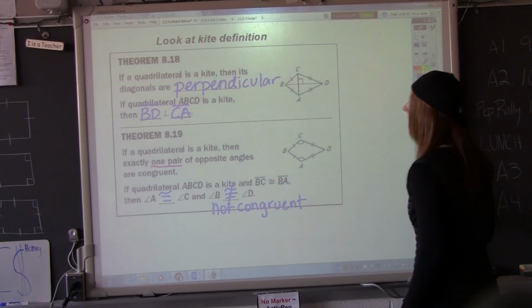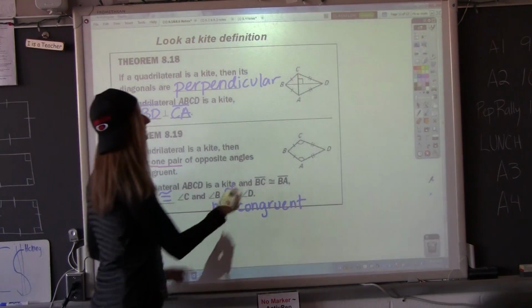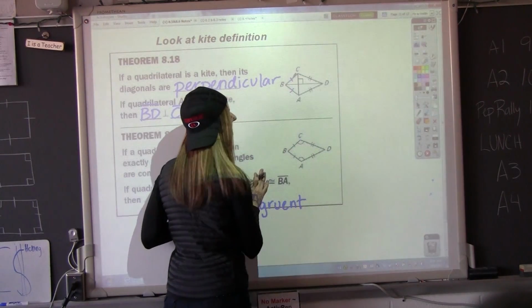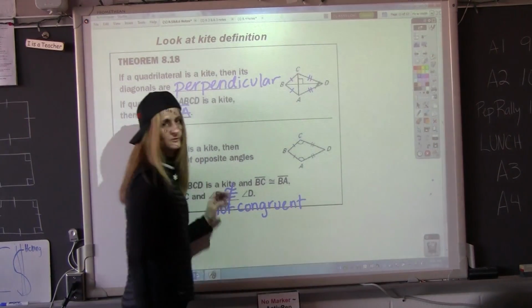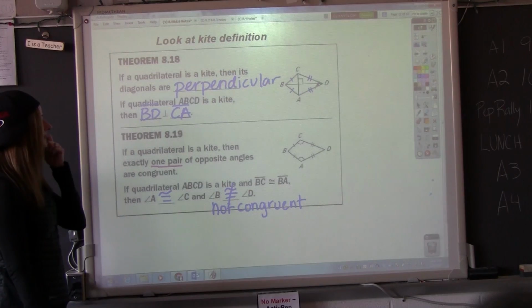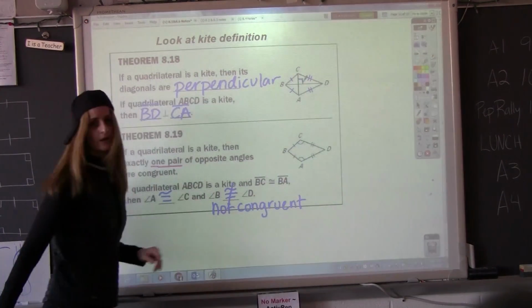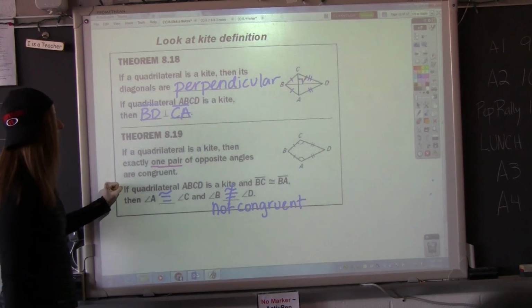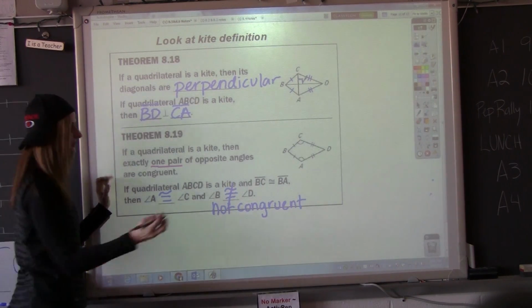Okay. So, if a quadrilateral is a kite, so we've got 2 pairs of consecutive congruent sides, we've got a kite. Then, its diagonals are perpendicular. Done. Okay? If a quadrilateral is a kite, then exactly one pair of opposite angles are congruent.